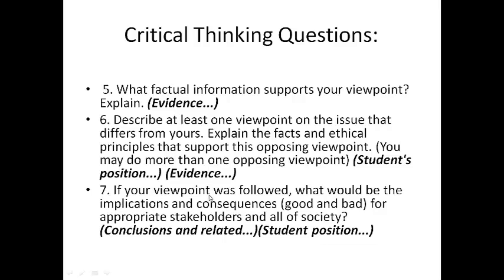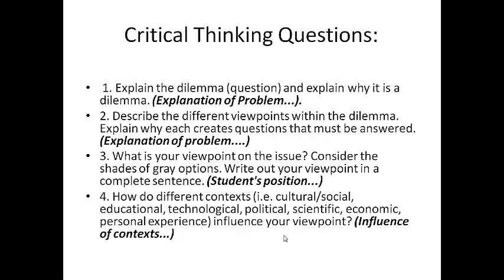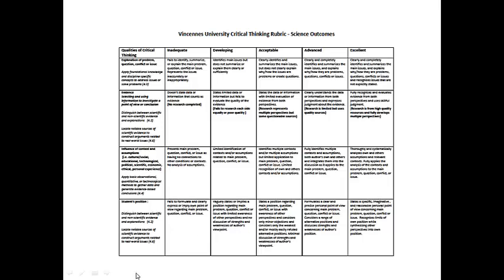And then the last question, if your viewpoint was followed, what would be the implications and consequences, the good and bad, for the appropriate stakeholders and all of society? Now this section of that rubric, the last section that you can see on the copy you have, is not on this PowerPoint, but it has them look at the implications and consequences. So they're very good at describing what they believe are the positives of their viewpoint.